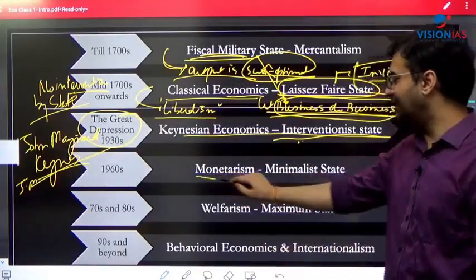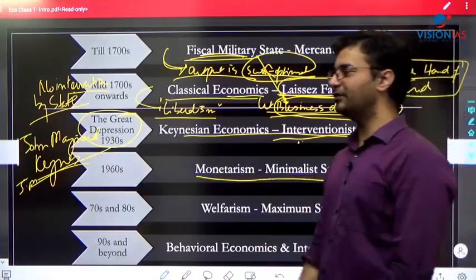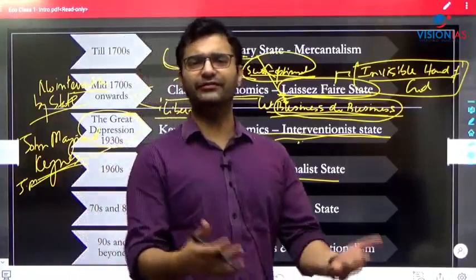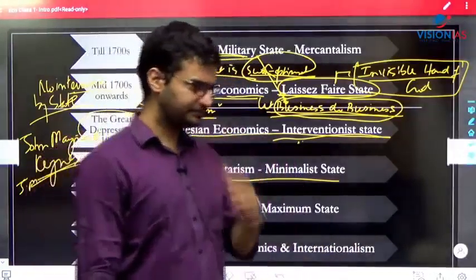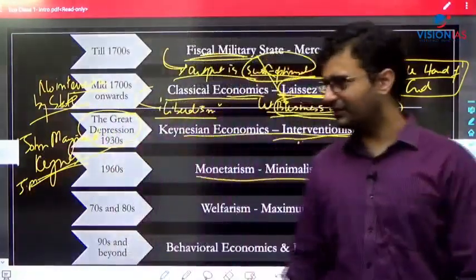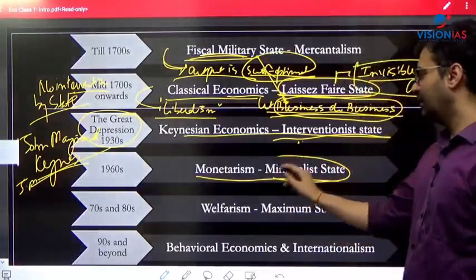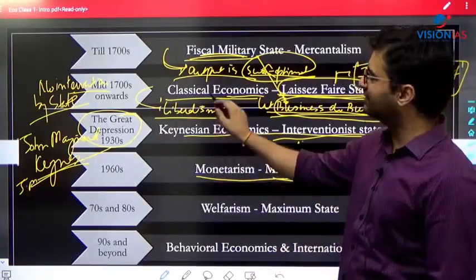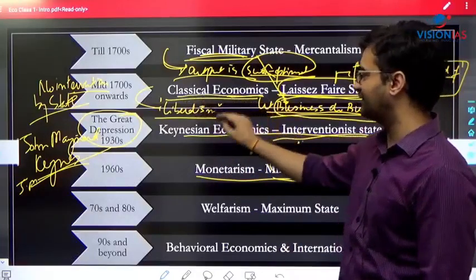Next, monetarism. The next stage of development of economics, monetarism, in the 1960s. This is Milton Friedman's school, monetarism. What is this monetarism, or minimalist state? Monetarism is incorporating many threads of classical economics.